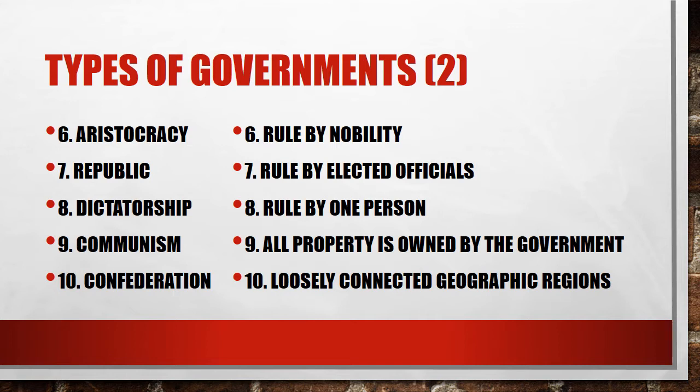An aristocracy is a rule by the nobility. Now, in America, it's kind of difficult to understand what a noble is, but a noble is a person who was born into a higher level of family. So we don't have this in America, but back in Europe during the Middle Ages, and actually going on even in some parts till today, depending on which family you were born into, meant that you were either a higher level or a lower level than the others.